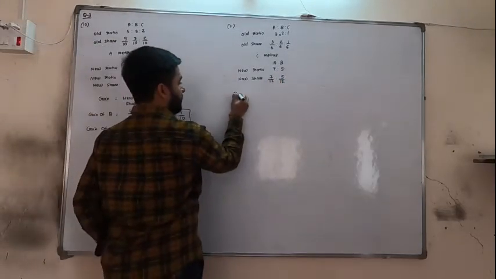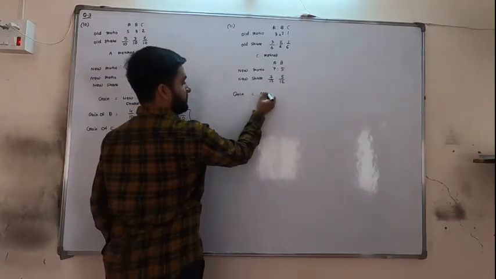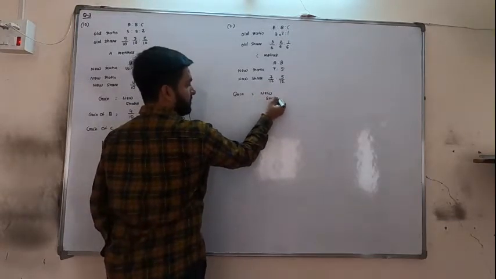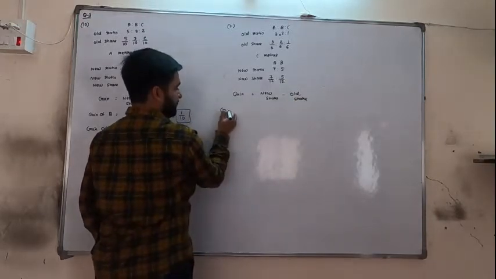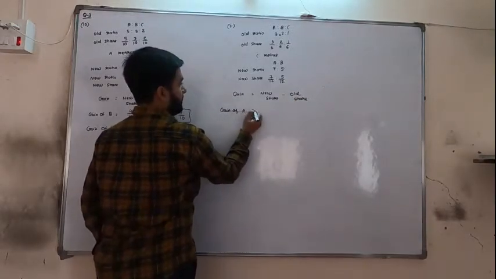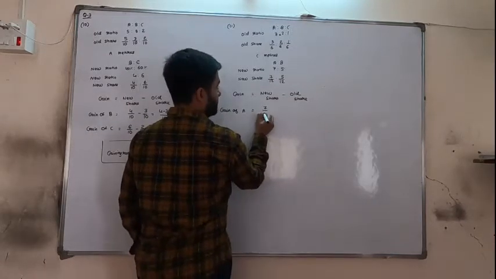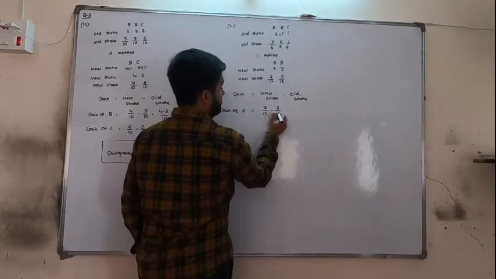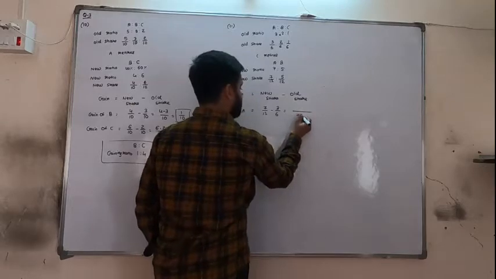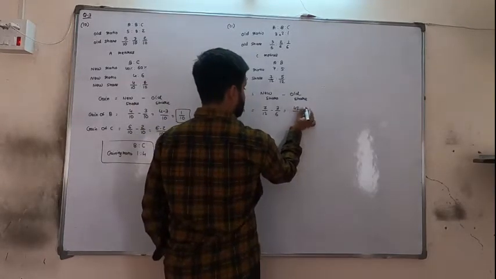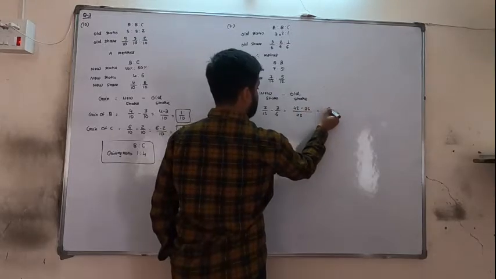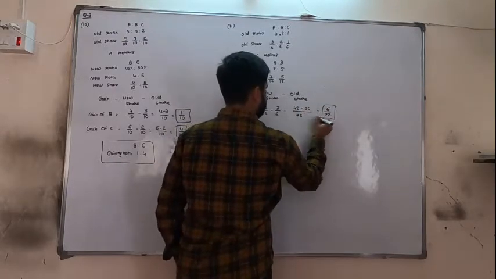Now, gain is equal to new share minus old share. Gain of A: new share 7 by 12, old share 3 by 6. 6 7s are 42, 12 3s are 36, so 6 by 72.